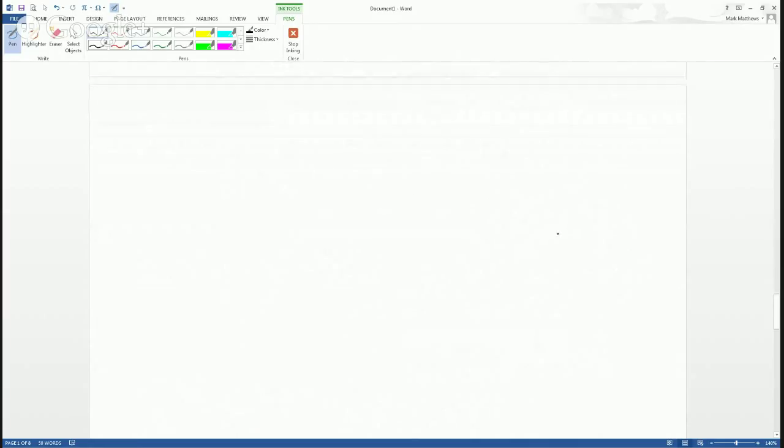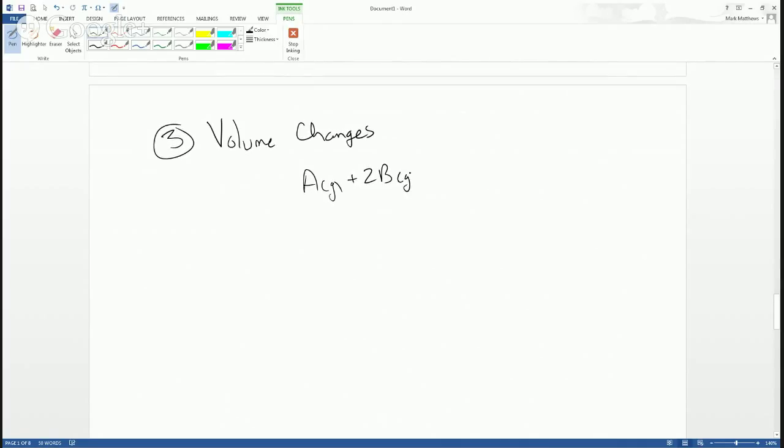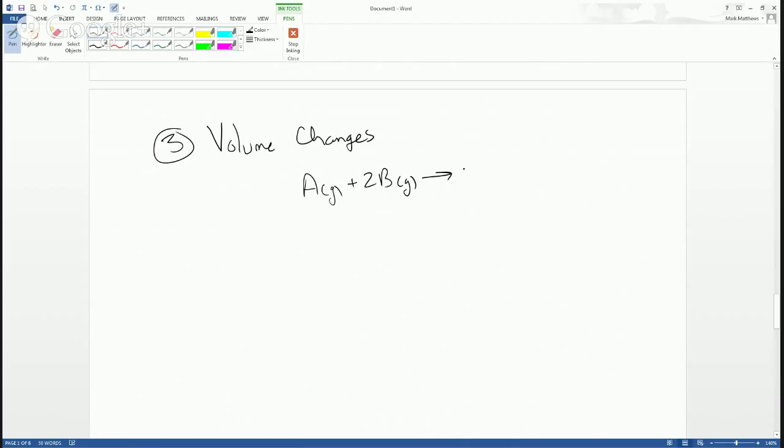And what's even more conditional is if you have a system that you can compress or expand the volume. Let's say, for example, you have A, and we're going to use 2B this time, to give you 2C.